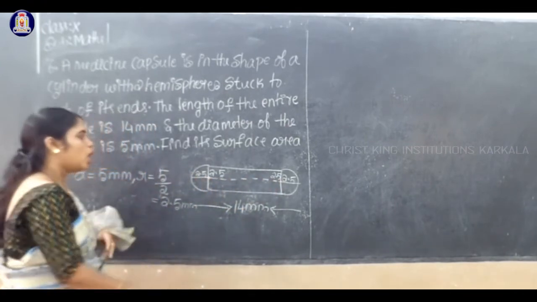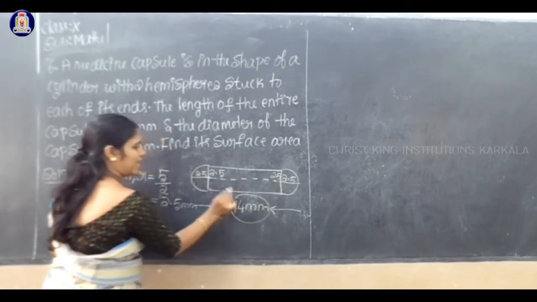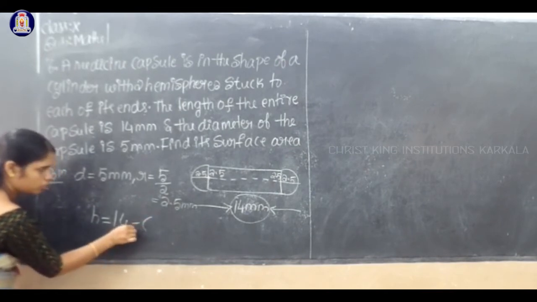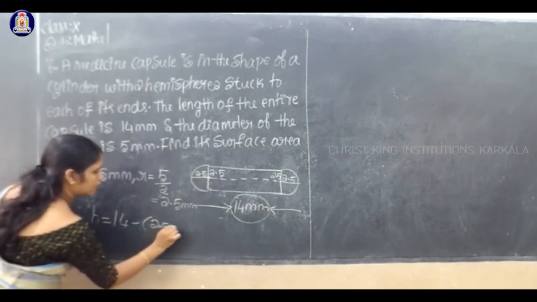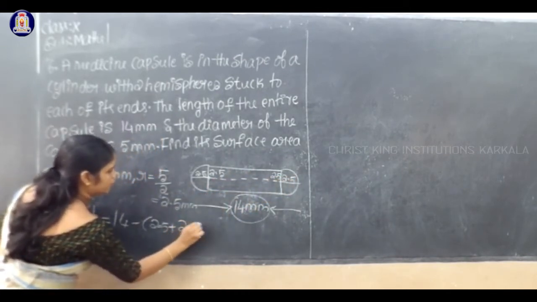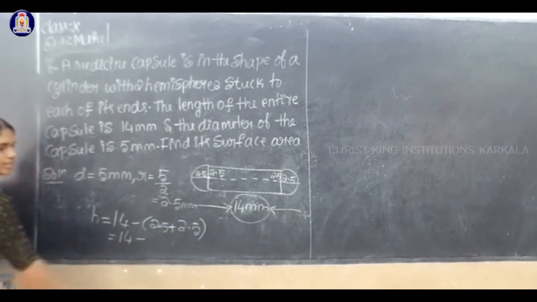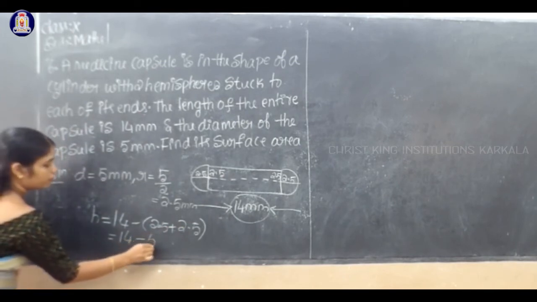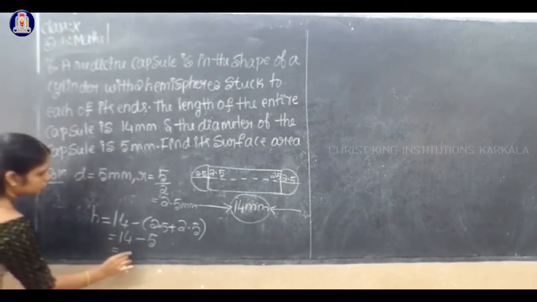So how to calculate the height of the cylinder from this entire length, 14? Remove the first 2.5 plus the last 2.5. 14 minus (2.5 plus 2.5) equals 14 minus 5, which equals 9.